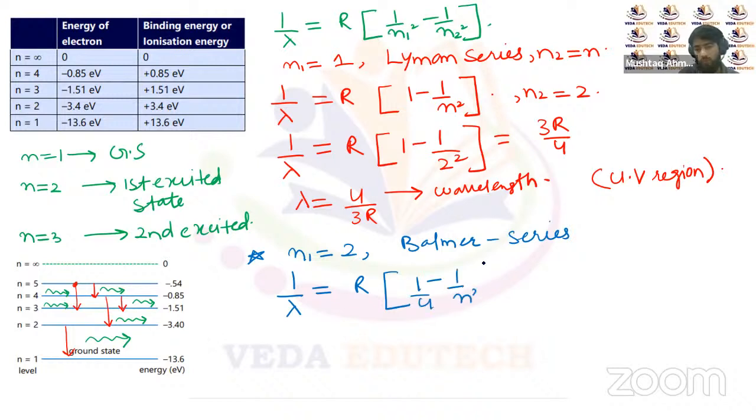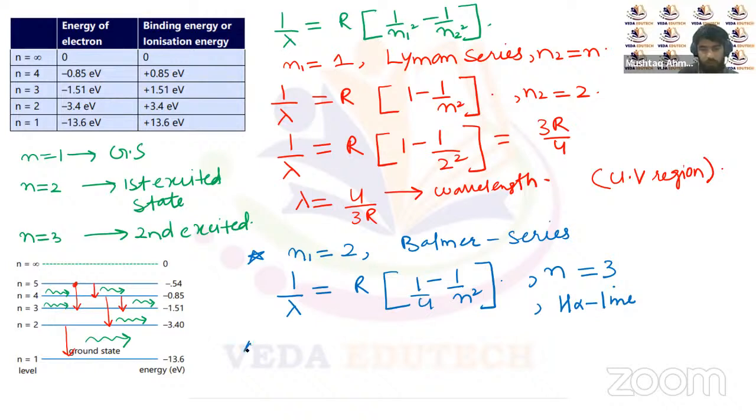For the Balmer series, if n is equal to 3, it means the transition is from n equal to 3 to n equal to 2, and this line we call the H alpha line or first Balmer line.